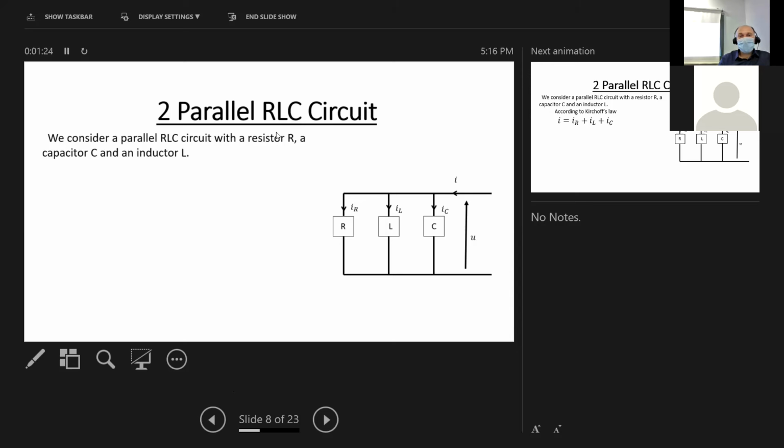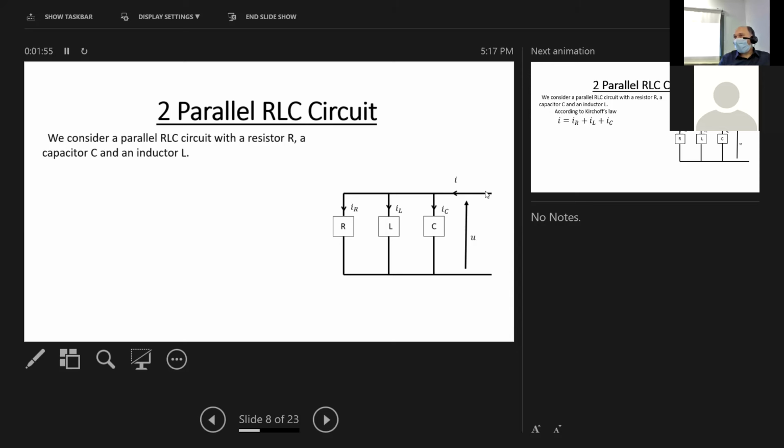All right, so if you have this circuit, if you have a potential here, which I call U, and then you have 3 components: a resistor, an inductor, and a capacitor, and I put them in parallel.